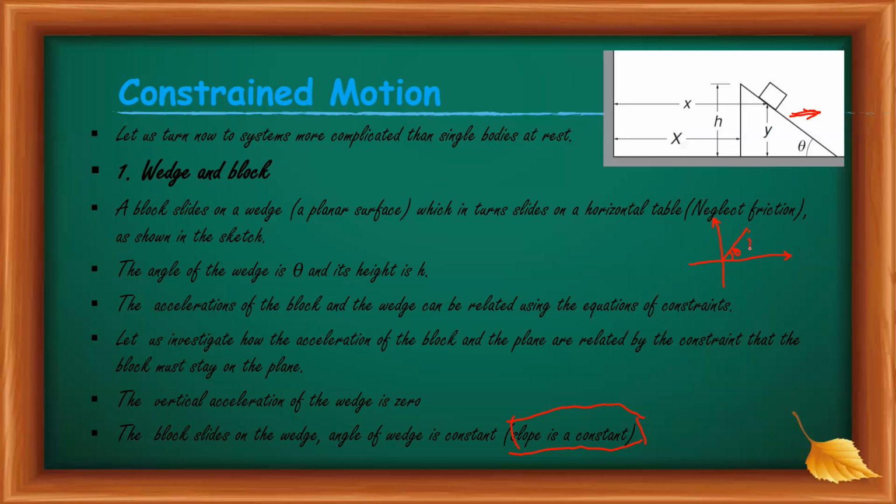If we consider this length as x and this length as y, then tan theta must be equal to y by x. It is the slope. If y increases, what will happen? For the same value of x, if y increases, the angle will increase. Then the slope must increase.